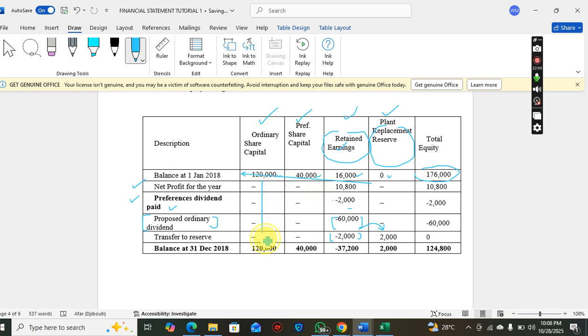Ordinary share capital, there is nothing, so it still remains 120,000. Preference share capital, there is nothing, it still remains 40,000. Retained earnings, it's 16,000 plus 10,800 plus negative 2,000, which just represents minus 2,000, minus 60,000, minus 2,000, you get negative 37,200.